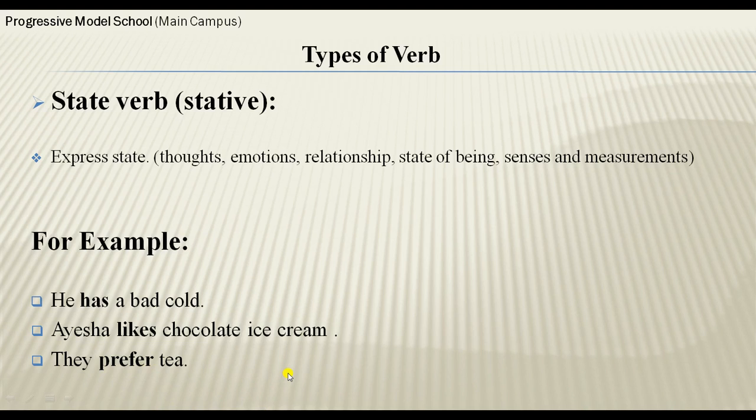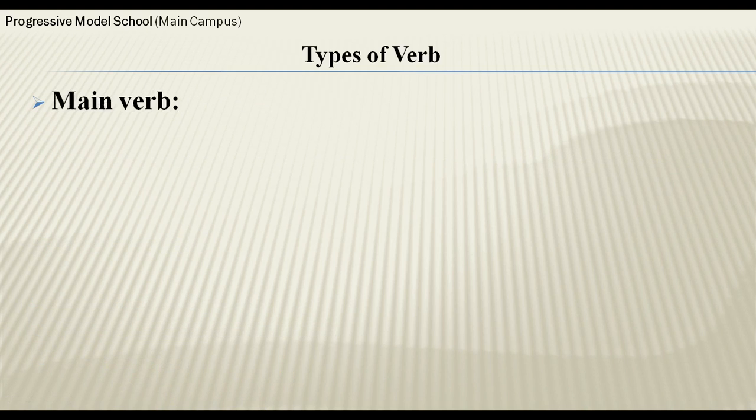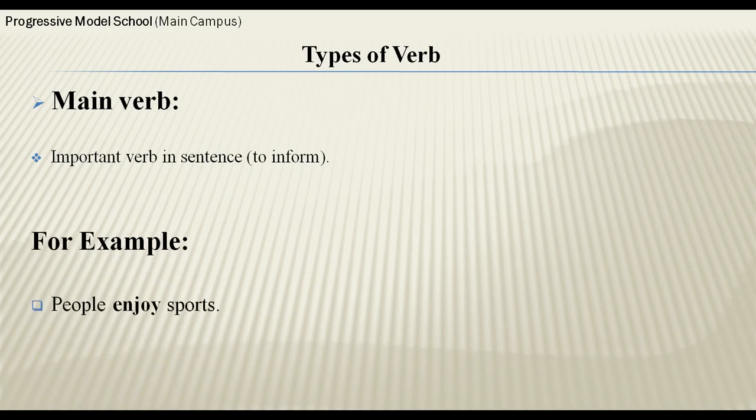So now let's move towards our next type of verb, that is main verb. A main verb is known as a principal verb or the important verb which shows the action and state in a sentence. And main verb can stand alone or can take the help of helping verb or auxiliary verbs in a sentence. Let it clear by the examples.